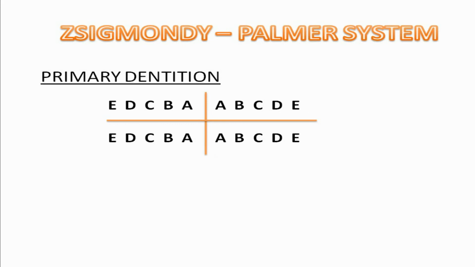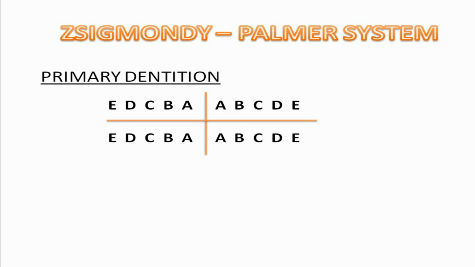For deciduous dentition in the Sigmoid-Palmer system, they denote teeth from A to E. A stands for central incisor, B for laterals, C for canines, D for first molar, E for second molar. All these teeth are deciduous. So in all the quadrants we have the same notations.